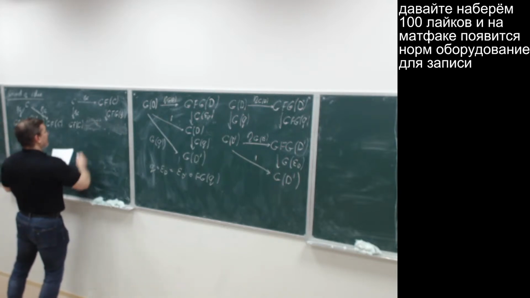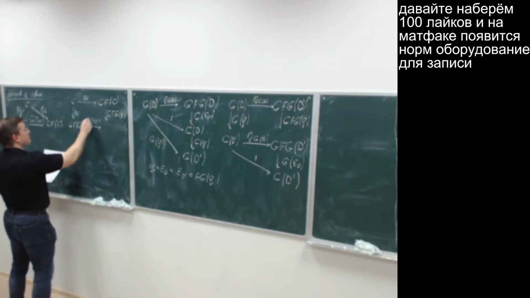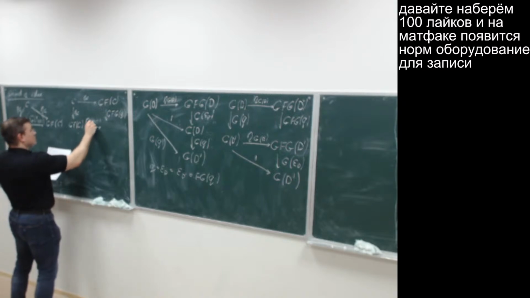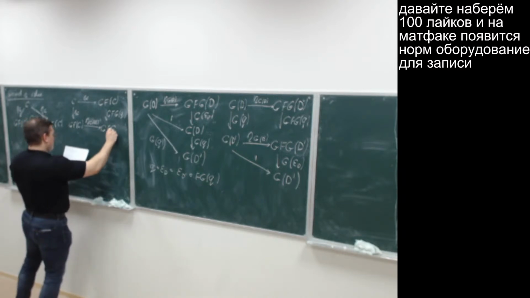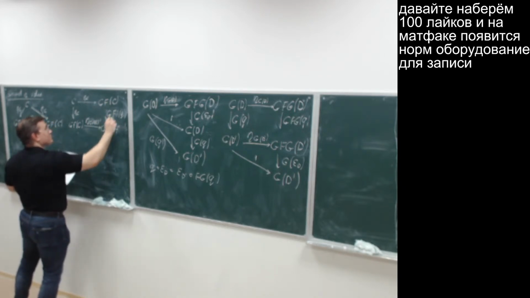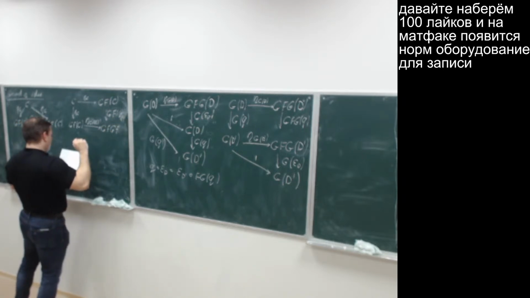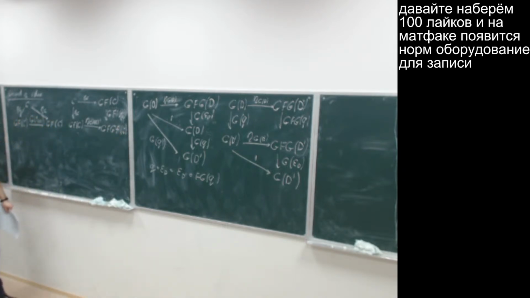So here I have object C, then this will be the natural transformation eta of GF of C to GFGF of C. In the bottom right.